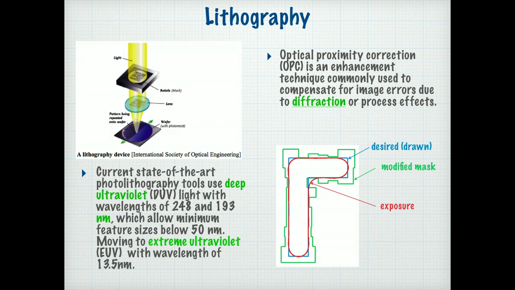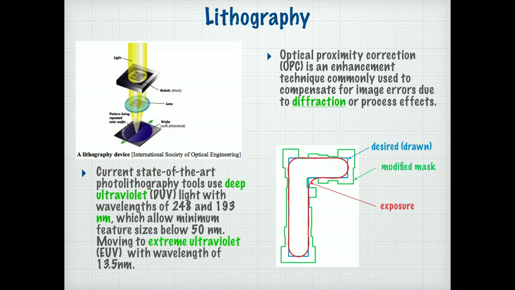There are computer programs that do inverse optics to figure out what the mask shape needs to be in order to get this exposure on the surface. And what you actually get is a more roundy thing. So if you look at photographs of chips, things that we draw and think of as really square, ideal shapes end up being blobby, round things. But the point is, the mask has to be modified to take into account the optical effects that happen due to the wavelength.